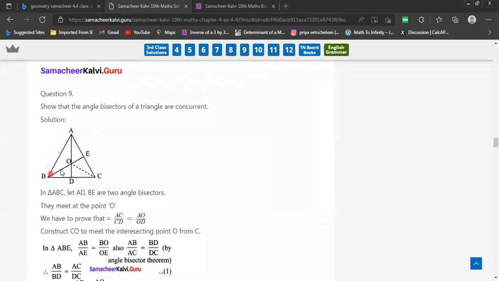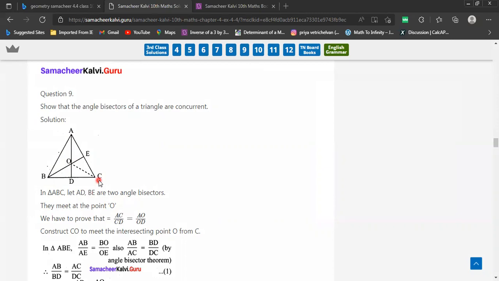Angle bisector means it divides the angle into two equal halves. In case you're having 60 degree as the angle B, when you divide the angle with the angle bisector, you will have 30 degree for the first half and 30 degree for the next half. That's what angle bisectors are. So these two angle bisectors meet at the point O.